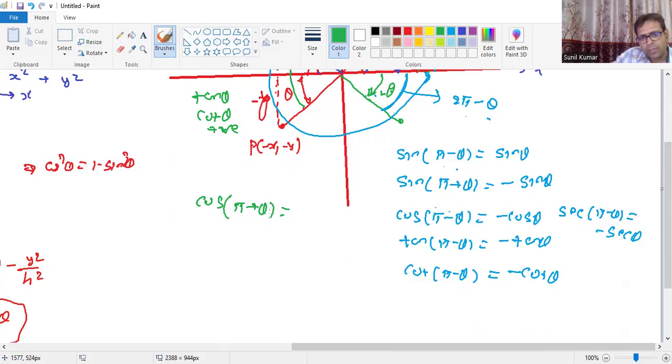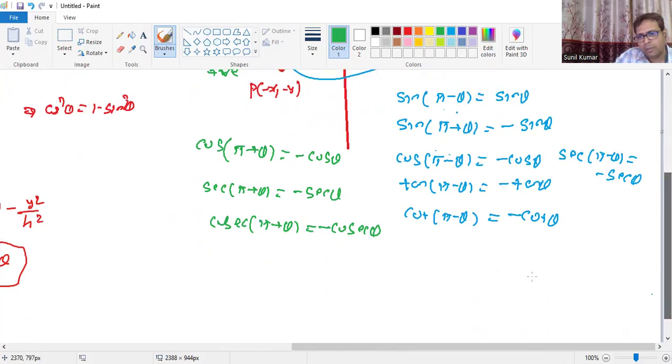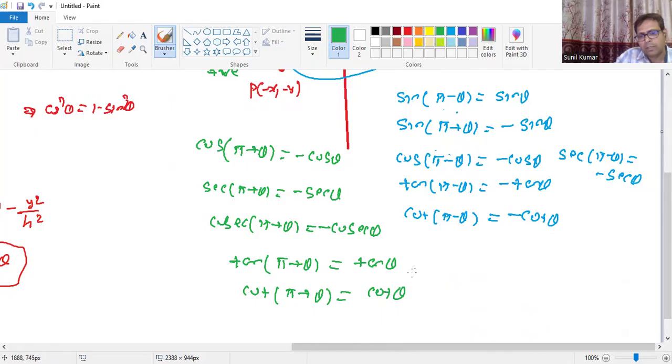So here again we can write cos(pi plus theta) is minus cos theta. And similarly sec(pi plus theta) is minus sec theta, and cosec(pi plus theta) is minus cosec theta. So in the third quadrant only tan and cot are positive, so we can write tan(pi plus theta) is tan theta, and cot(pi plus theta) is cot theta. These are the basic concepts here.